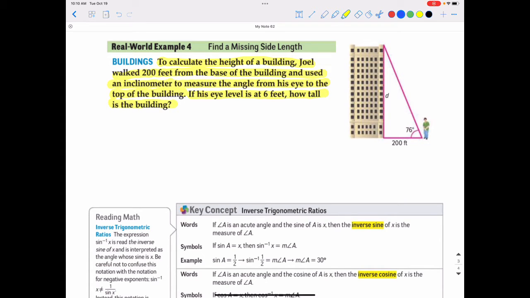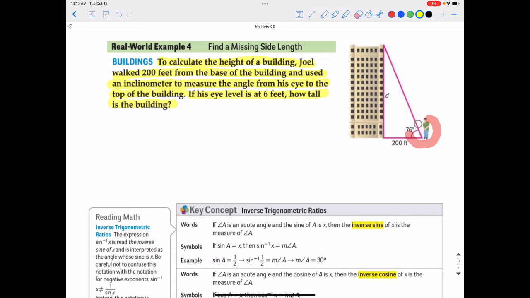Well, one thing I want to point out in this picture, this is not a very good picture that is shown, is because it says the measure from his eye level to the top of the building is 76 degrees. And the picture kind of shows that that's from the bottom there, from his feet, which is not what's being actually measured.